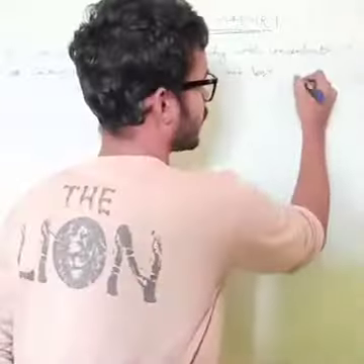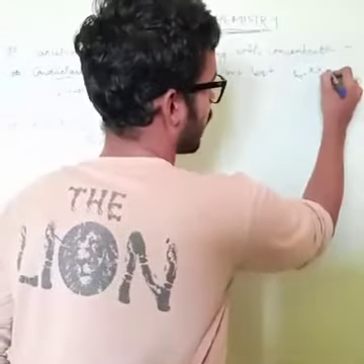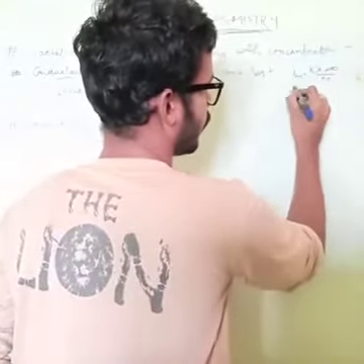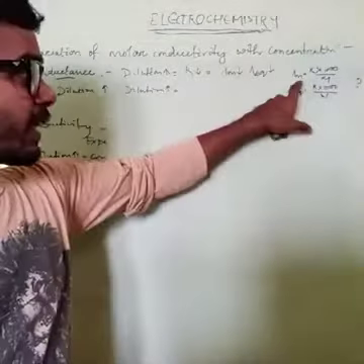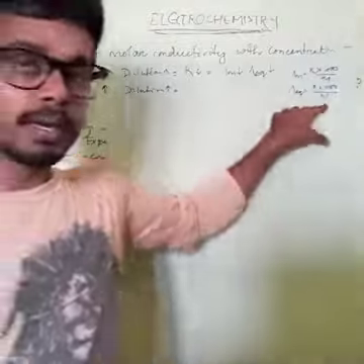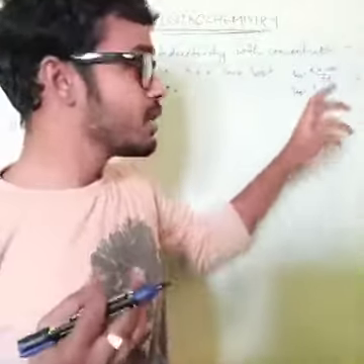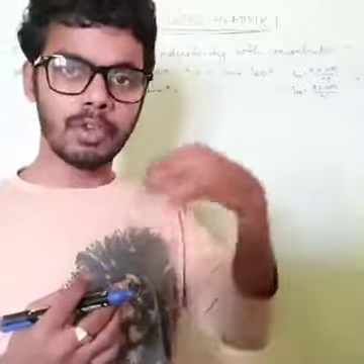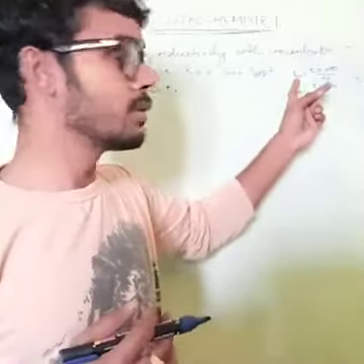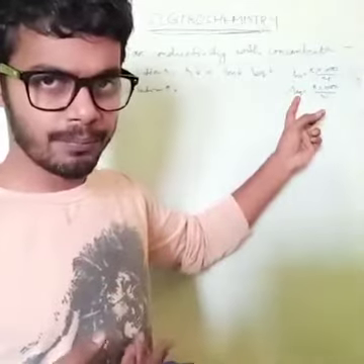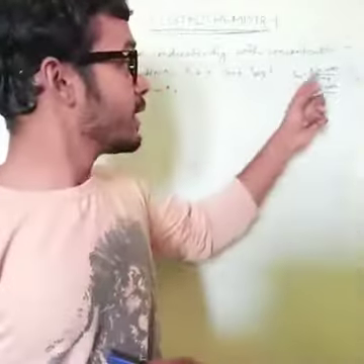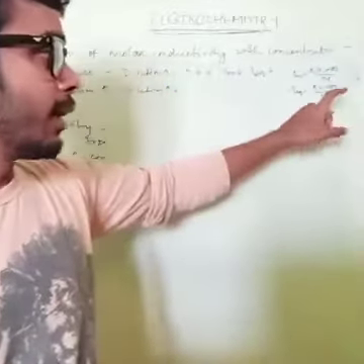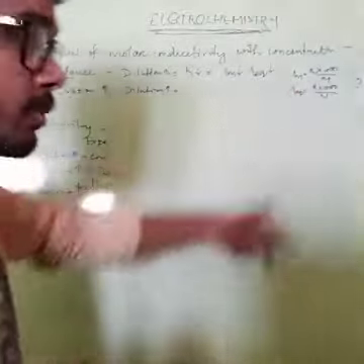Here we have two factors: lambda m equals kappa into 1000 divided by M for molar conductance, and kappa into 1000 divided by N for equivalent conductance. That means it also depends upon the molarity and normality, because these are the concentration. If concentration varies, obviously it will affect the molar conductance or equivalent conductance. If there is no concentration, then there will be no conductance. So it also depends upon the molarity and normality, the concentration of the solution.